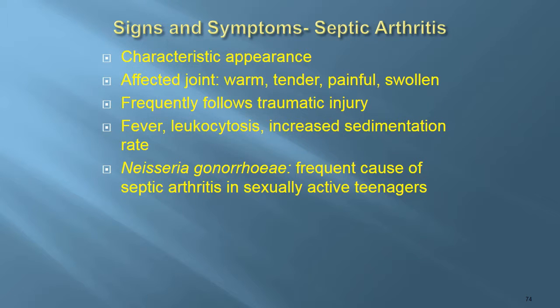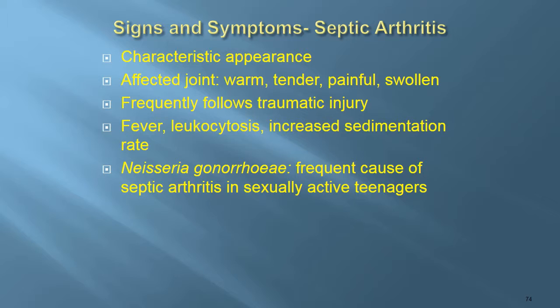Clinical manifestations of septic arthritis include severe joint pain, swelling, warmth of the overlying tissue, and occasional erythema. It frequently follows a traumatic injury. The nurse might also see fever, leukocytosis, and increased sedimentation rate.